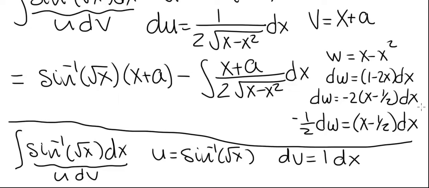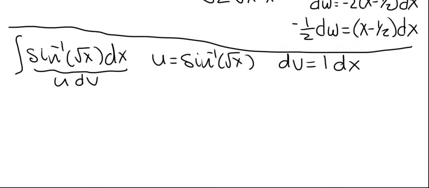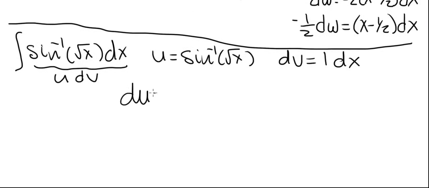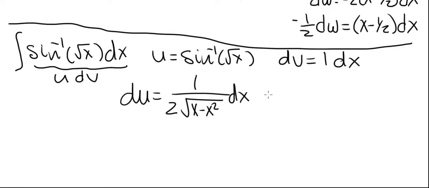The derivative of u, once again, is du equals 1 over 2 square root of x minus x squared dx, and we're going to let v equal x minus 1/2. Clearly dv is 1 dx, so we can take any constant and add it to x. So we chose minus 1/2 because it'll make the integral that's left easier.